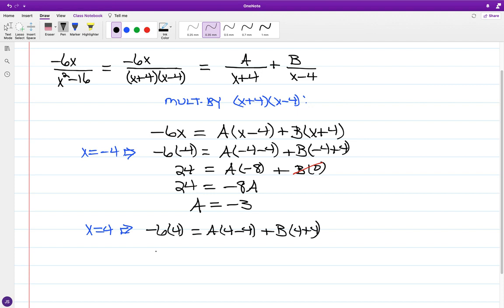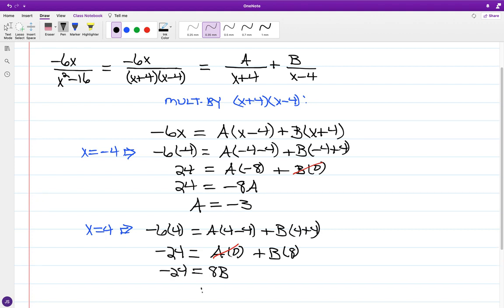Negative 6 times 4, okay, so this will be negative 24. And this time we have a times 0. So a goes out completely. And we have plus b times 8. So we have negative 24 is equal to 8b.